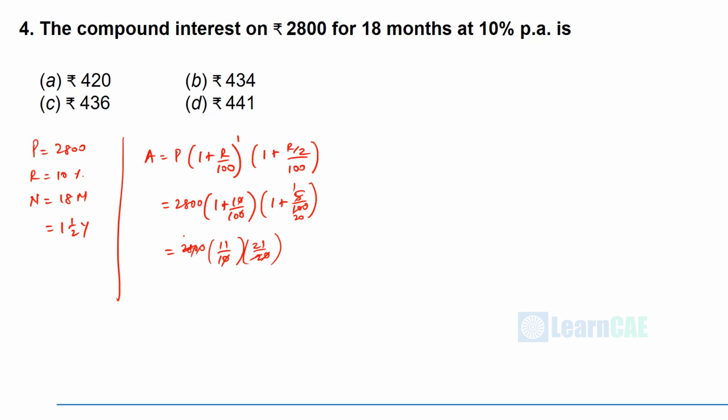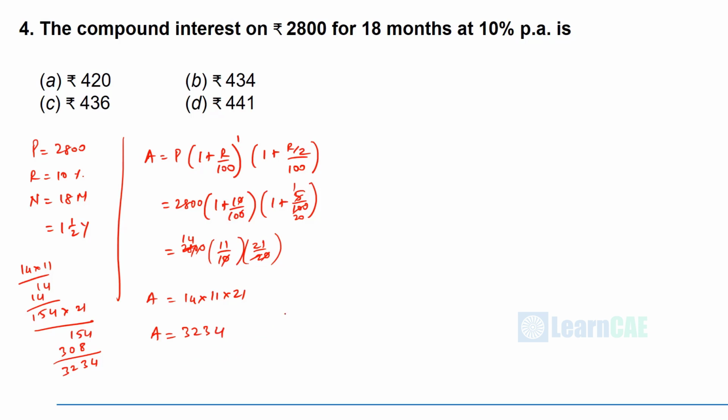We can divide 28 by 2, 14. So the amount will be equal to 14 into 11 into 21. 14 into 11 is 154, into 21. This will be 154, 4 twos are 8, 5 twos are 10, carry 1, 1 two is 2, 3, 4, 3, 2, 3. So the final amount will be equal to 3234.